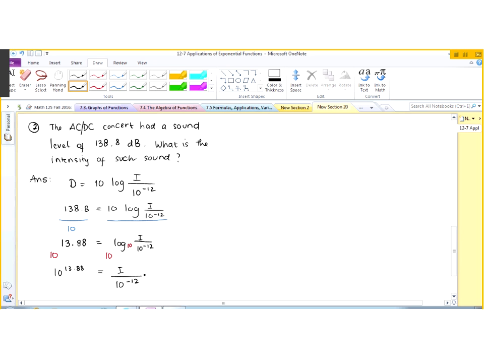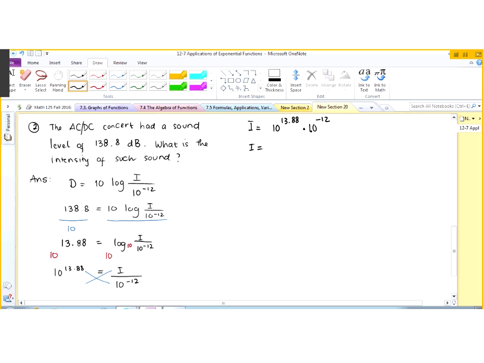Okay. Good. How do I solve for I? You can cross multiply, right? So I times 1 is equal to 10 raised to the 13.88 multiplied by 10 to the negative 12.